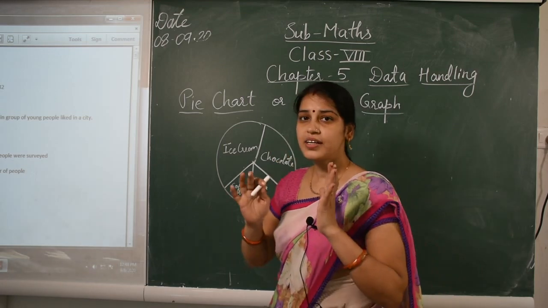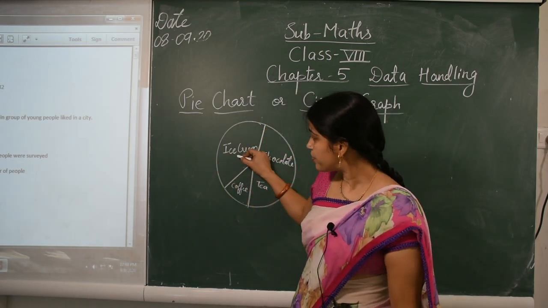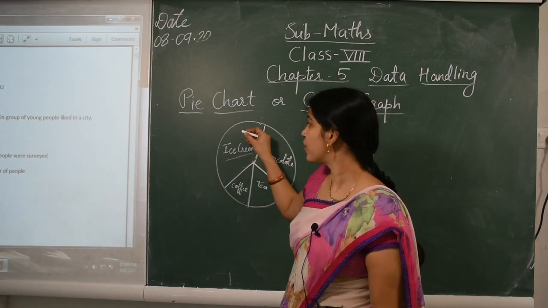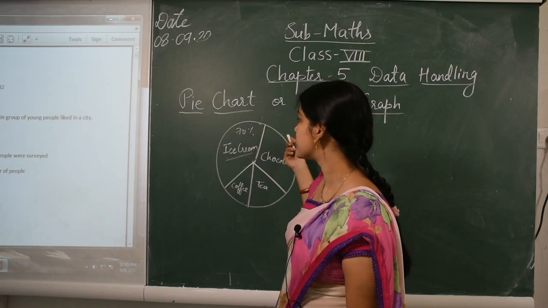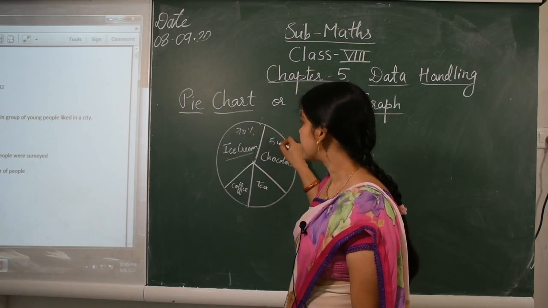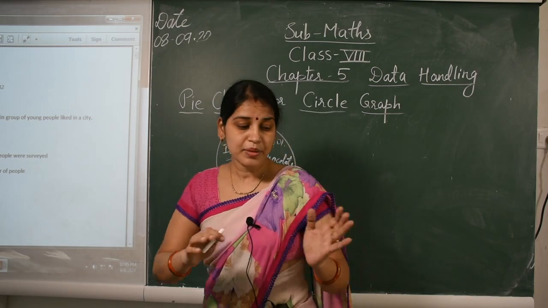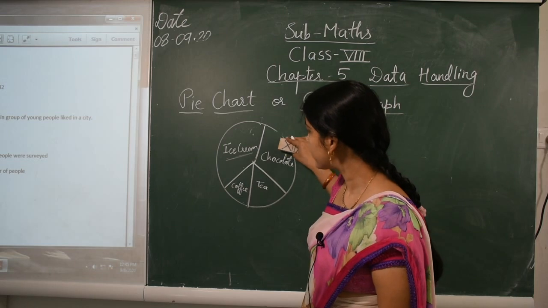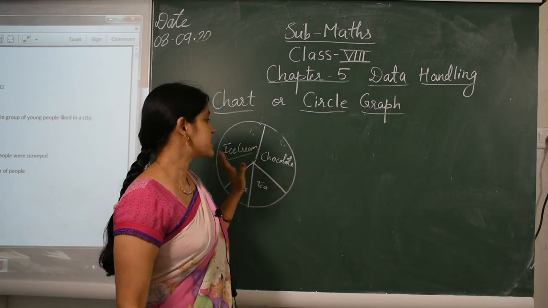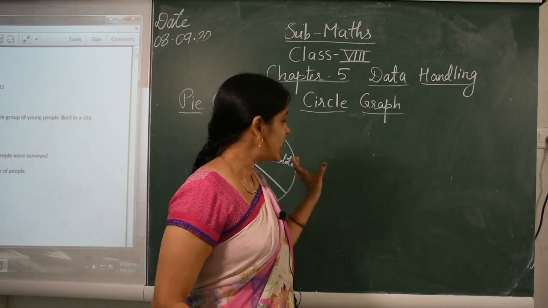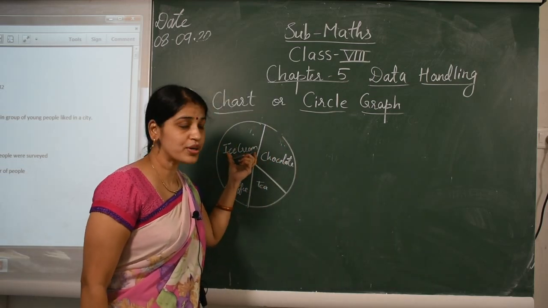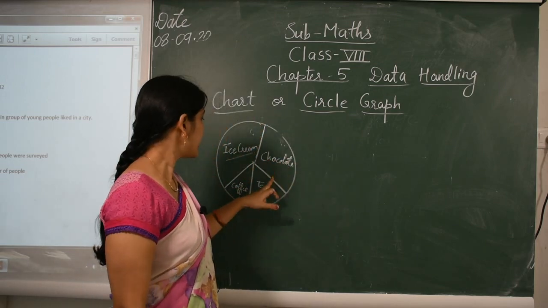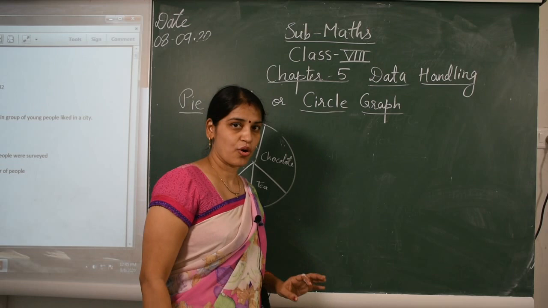From the portion it is clear that the proportion of ice cream is more. Here percentage is not given, or if we mention that it is 70% or 50%, either the percentage is given or not, but according to the figure it is clear that the proportion of ice cream is more, and children like to eat ice cream more. Then after ice cream the proportion of chocolate, then tea, and in last coffee.